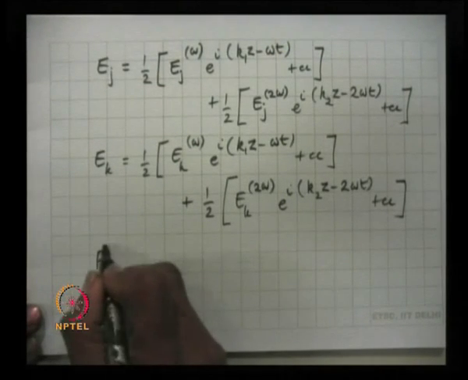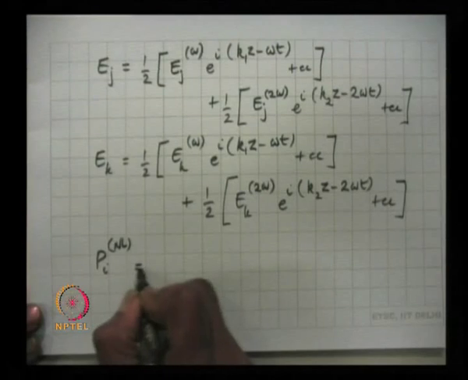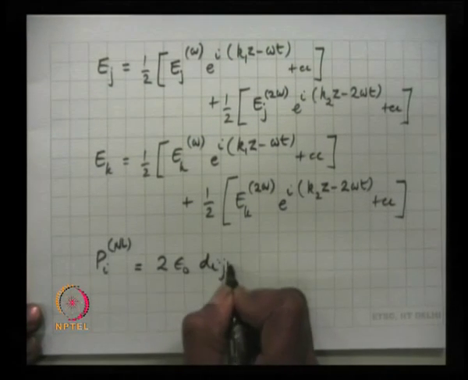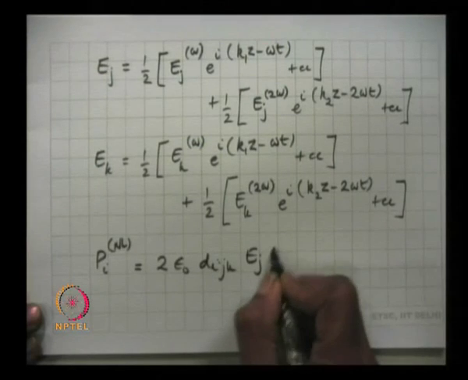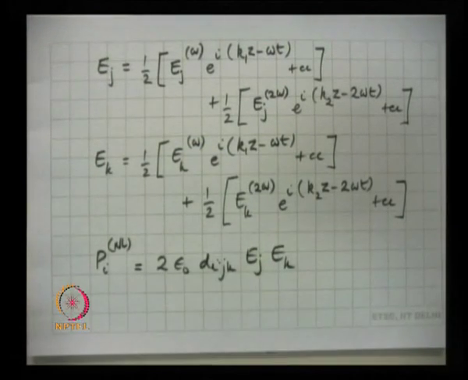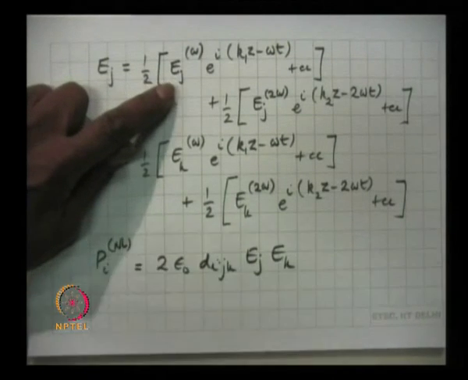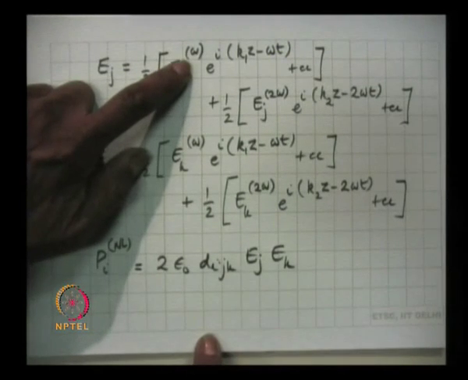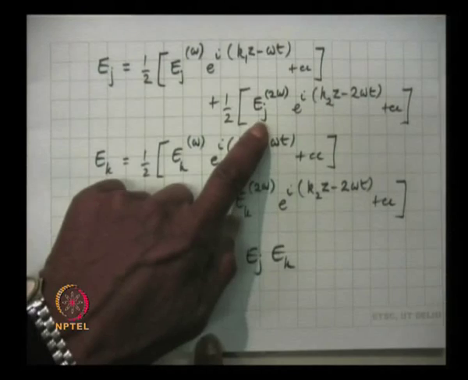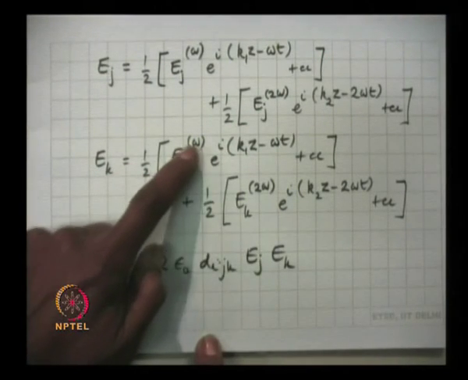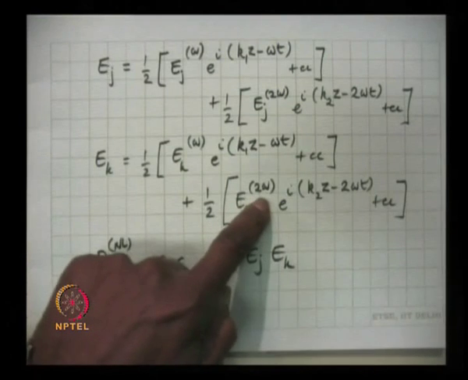So I need to substitute this into this equation, 2 epsilon 0 d_ijk E_j E_k. E_j superscript omega is the jth component of the electric field at frequency omega. This is the jth component of the electric field at 2 omega, the kth component of the electric field at omega, the kth component of the electric field at 2 omega.